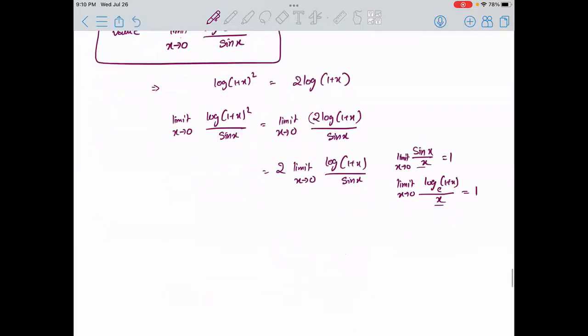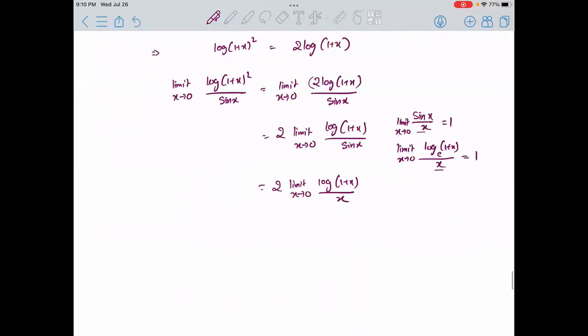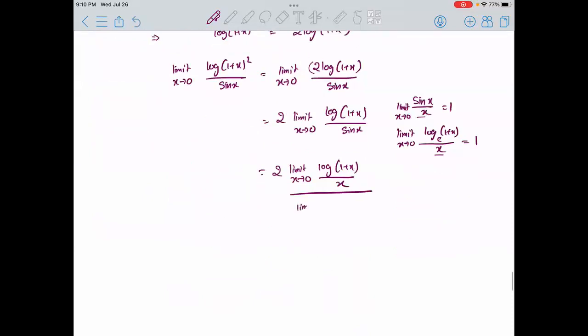So we can multiply and divide by x: limit x tends to 0 of log(1 plus x) by x, divided by limit x tends to 0 of sin x by x. The value is not changing, because you can cancel x and x.